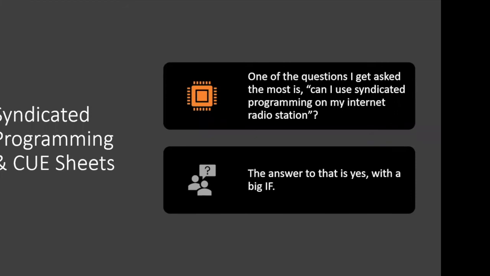One of the questions asked most often is, can I use syndicated programming on my internet radio station? The answer is yes, but it has a big if, the biggest, smallest big word in the English language.